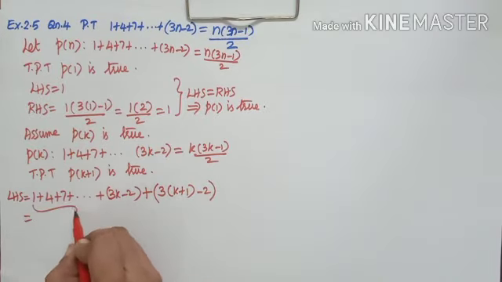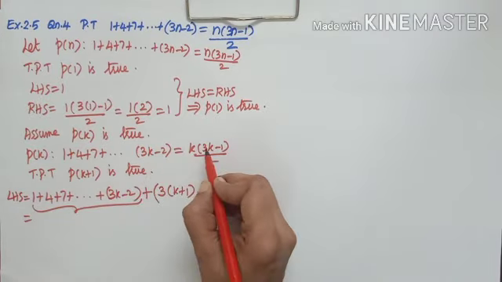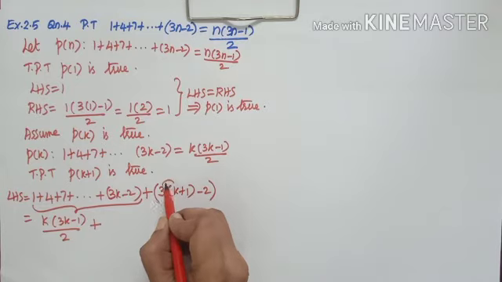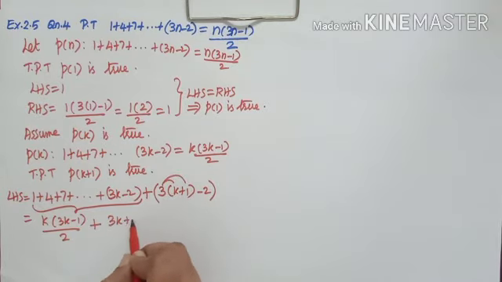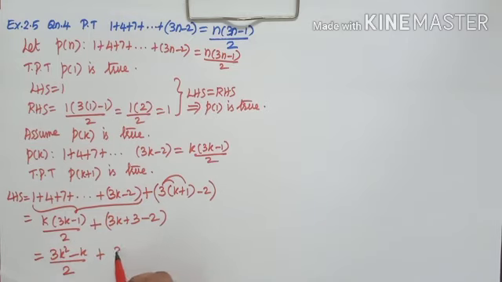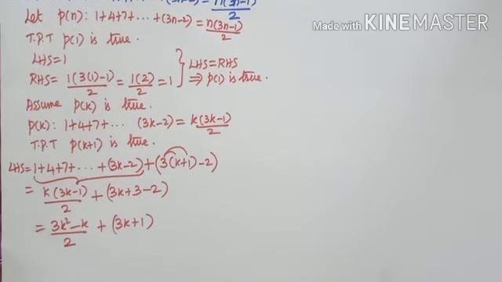Simplifying this, 1 to 3k minus 2, use this idea: k into 3k minus 1 by 2 plus 3k plus 3 minus 2. Simplifying this, I get 3k square minus k by 2 plus 3k plus 1. Now we'll take LCM and simplify.